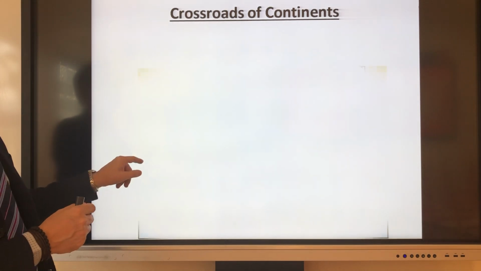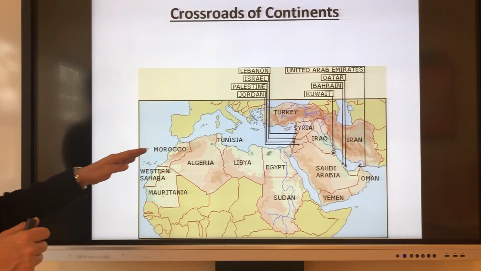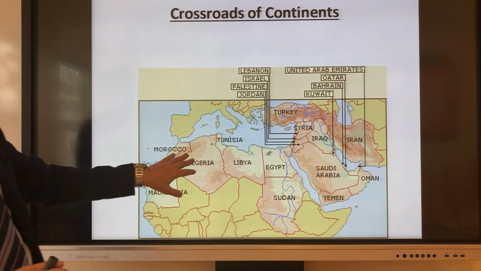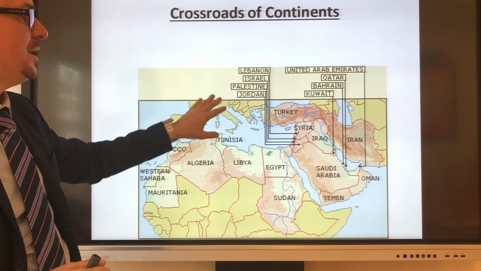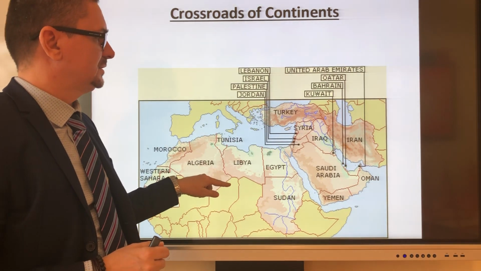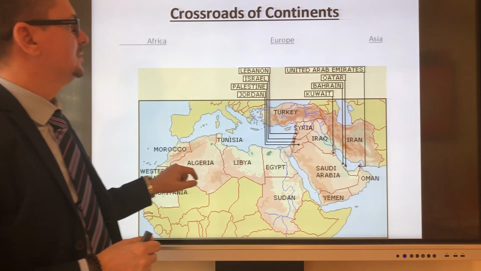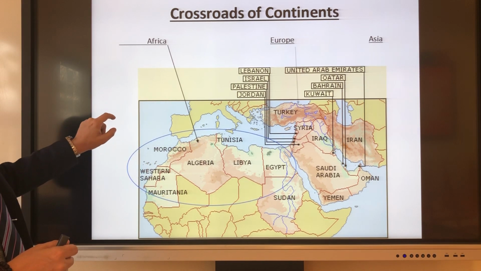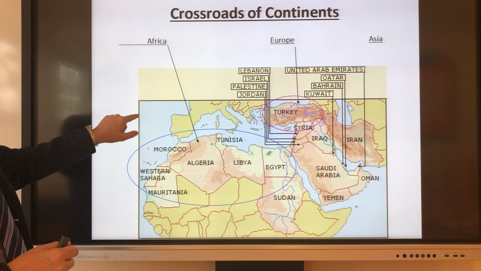We can call this area the crossroads of continents, as when you check Southwest Asia, that's really close to Africa, Europe as well, and still it's part of a different continent, Asia. So this is why we have the three names, the names of the continents.